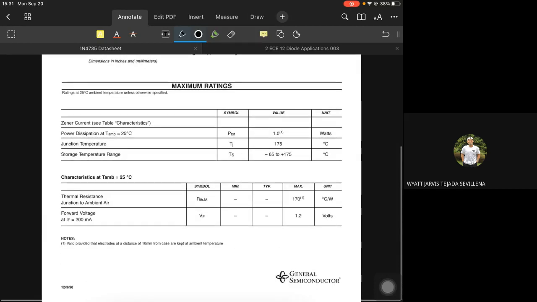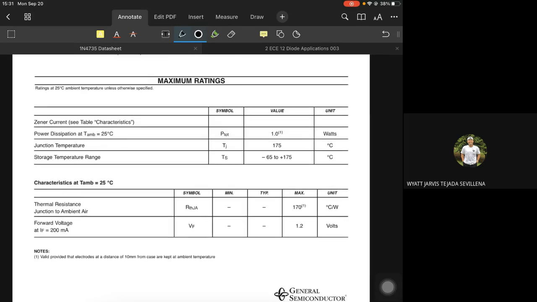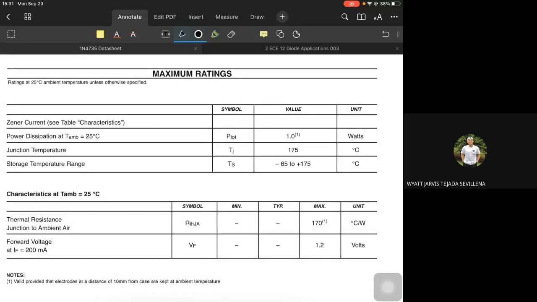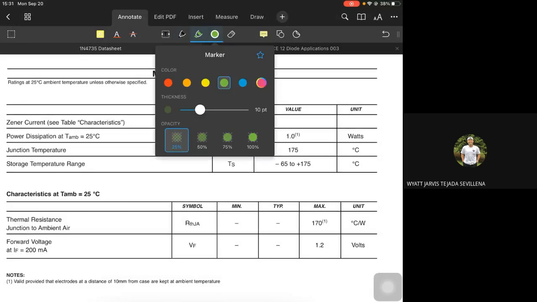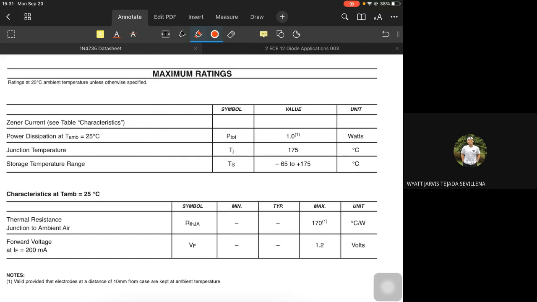So, here are the maximum ratings: junction temperature, storage temperature. Its maximum power dissipation is 1 watt. That's the most important one here, 1 watt maximum power dissipation.